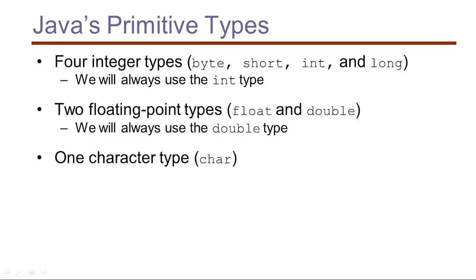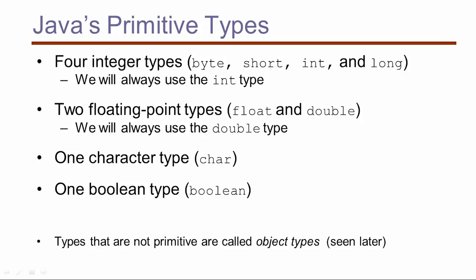There is 1 type for holding a single character, and that is the type char. You may hear people pronounce it as "care" since it is short for character, but I've always pronounced it as the type "char." And the last primitive type is boolean, which can hold a single true-false value. Now, any type that is not a primitive type will be an object type, and we will see those later.